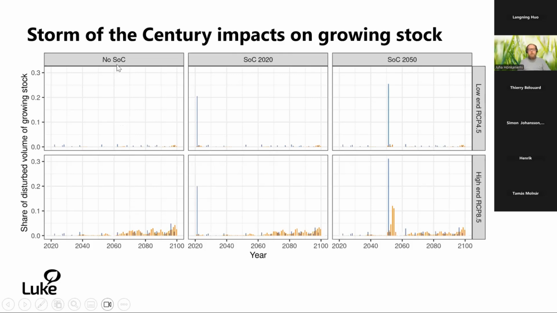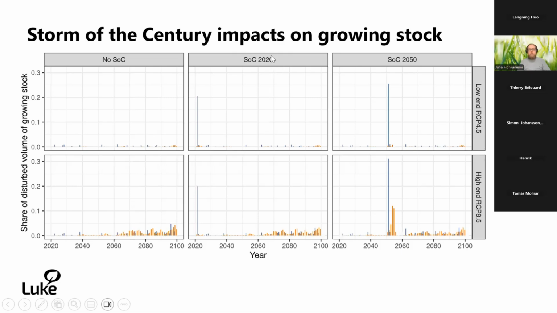Then on the left column, there is no storm of the century occurring during the simulations. So we see that under the low-end scenario, wind disturbances are the most frequent ones, affecting roughly a few percent of the growing stock annually. And under 8.5, we see the increase of bark beetle disturbances after 2050.